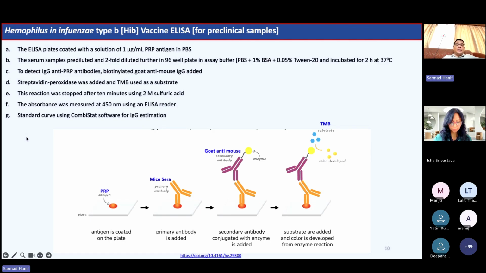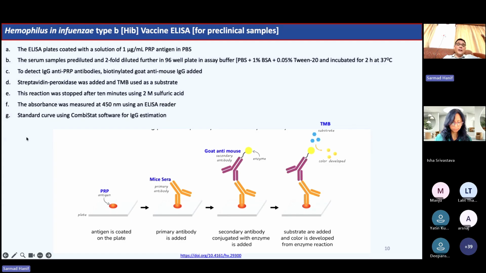After all the three steps in the well, which is having the antigen, antibody and the secondary antibody, you add the TMB, which gives you blue color. The moment you add TMB to this complex, it gives you blue color. That can also be read at 630 nanometers, but it is not advisable.